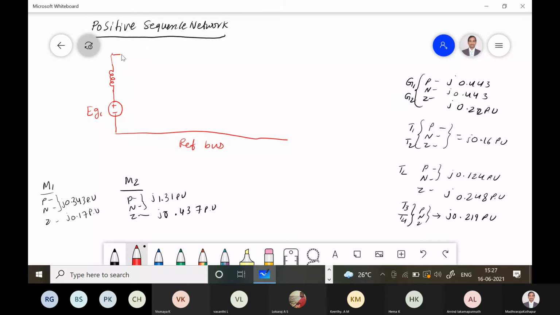Then transformer 1 reactance, and similarly generator 2 positive, negative, EG2, and transformer 2 reactance.